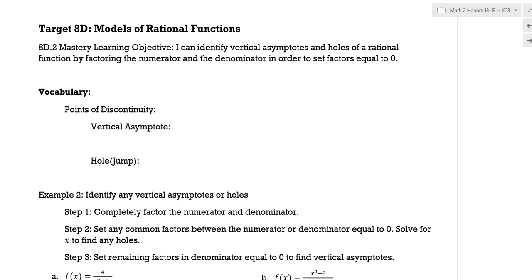A vertical asymptote occurs when there is a factor in the denominator. Okay? And this comes from we can't divide by 0, right? We've talked about that rule before.